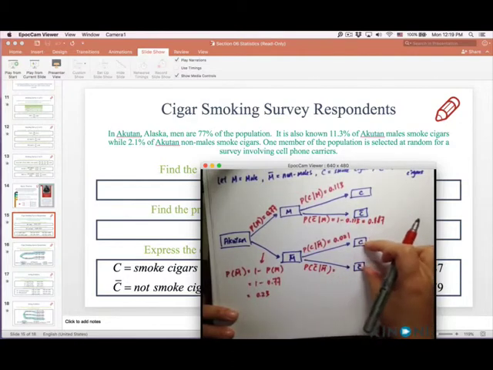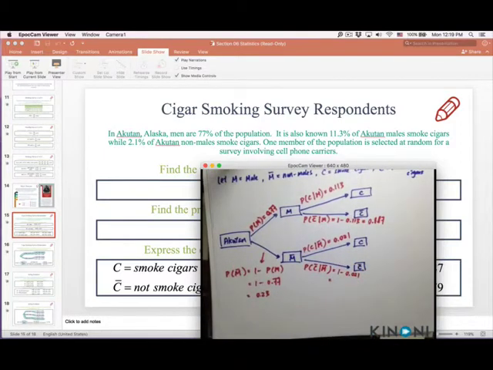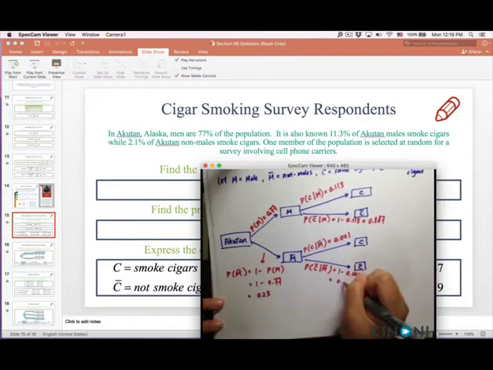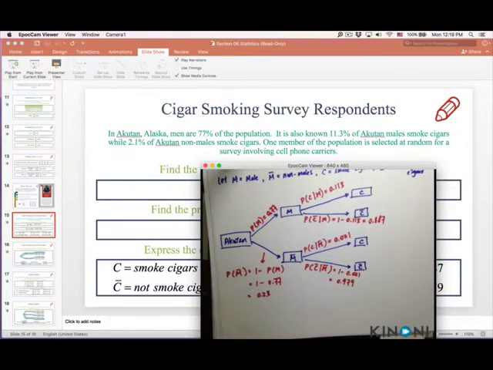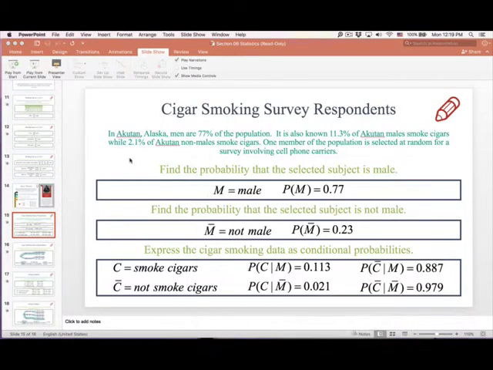Okay, and again, this is going to be the complement, so you're going to subtract from 1 here. So that will be 0.979 here. We just present all the information here using the tree diagram. So you could answer the questions from here.